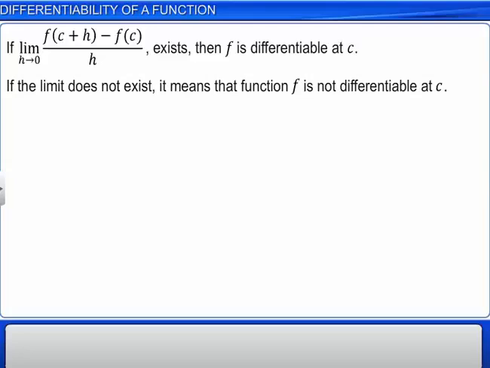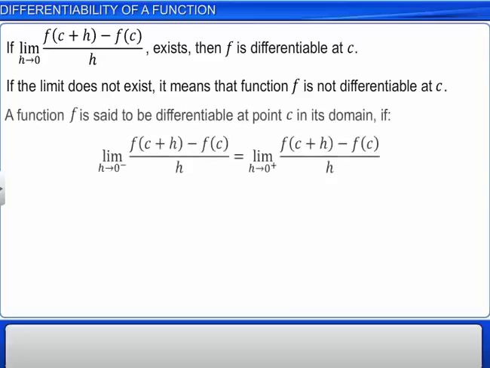In other words, a function f is said to be differentiable at point c in its domain if the left-hand limit and the right-hand limit of f of c plus h minus f of c, whole divided by h, exist and are equal. This definition can be extended to any closed interval a, b.